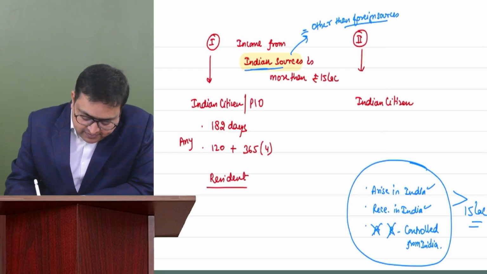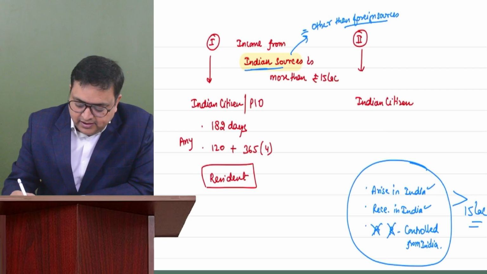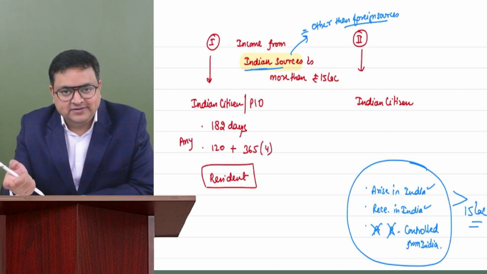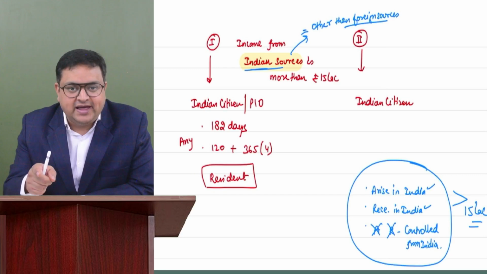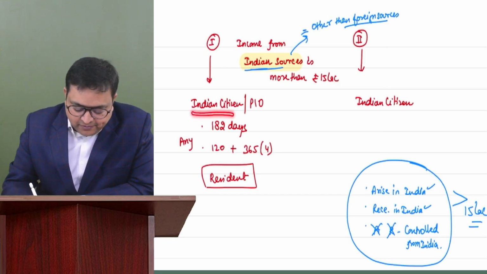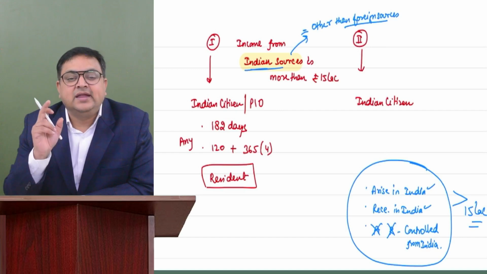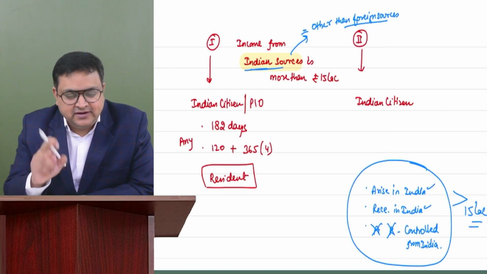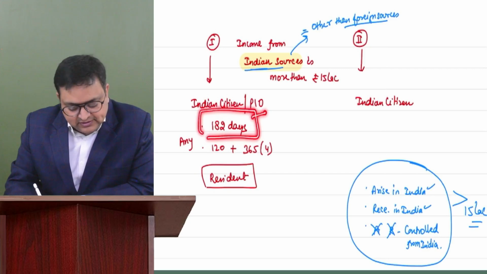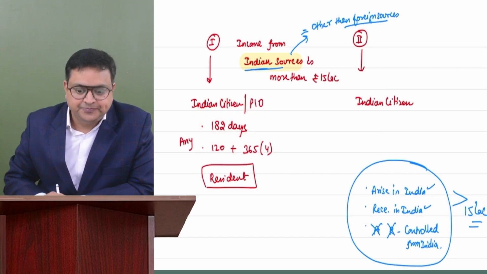Got it? I'm repeating again. If the assessee's Indian source income, other than foreign sources income, exceeds 15 lakh, and this assessee is either an Indian citizen or person of Indian origin, then how will you determine the residential status? If he is in India for 182 days or more, then he would be a resident assessee.